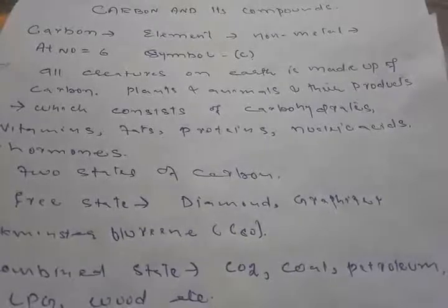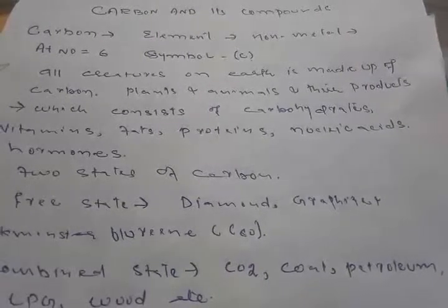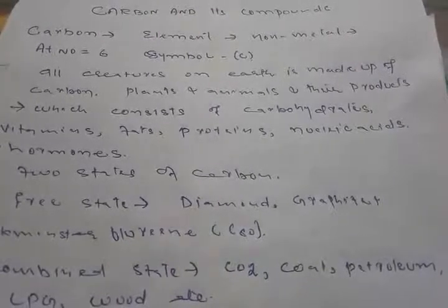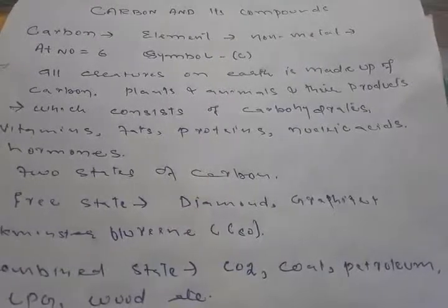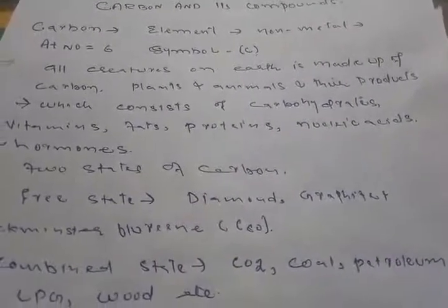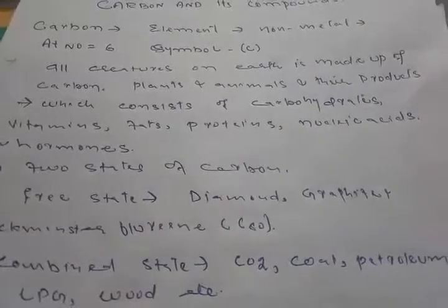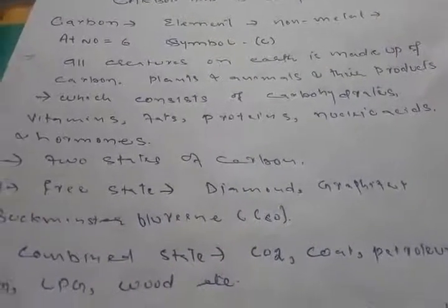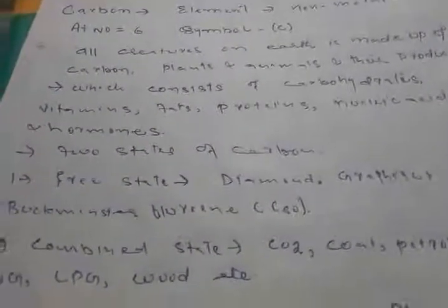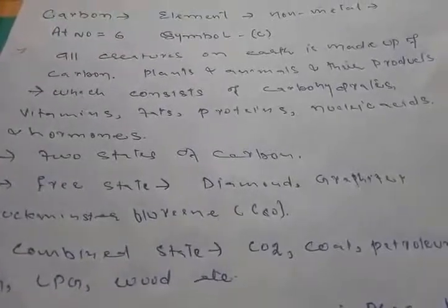Carbon consists of a structural arrangement which gives the creative shape to the plants and animals. It exists in two forms in nature. One is called the free state and another is called the combined state.